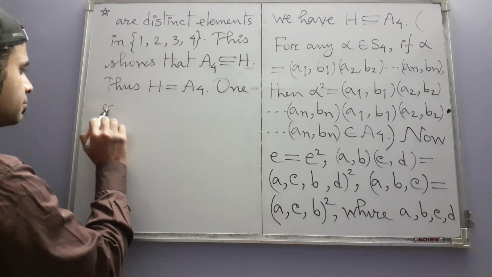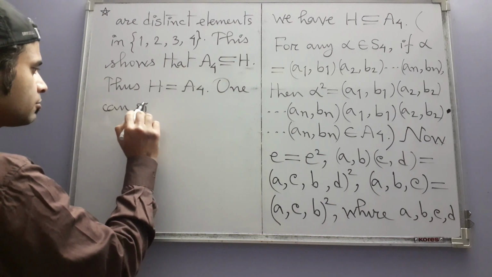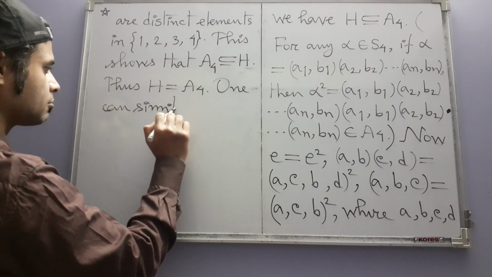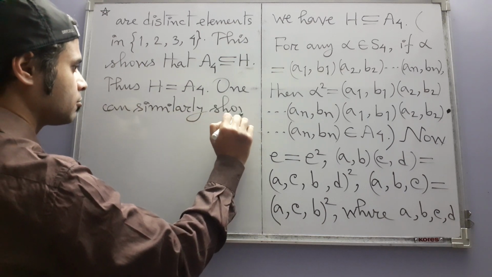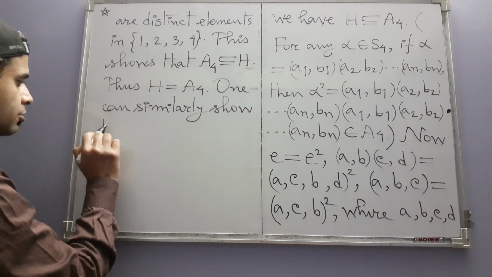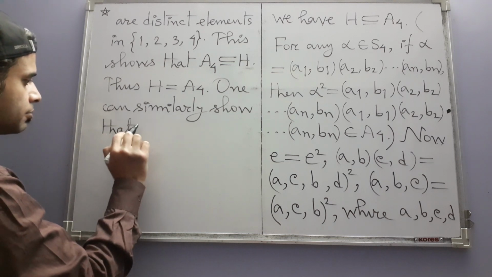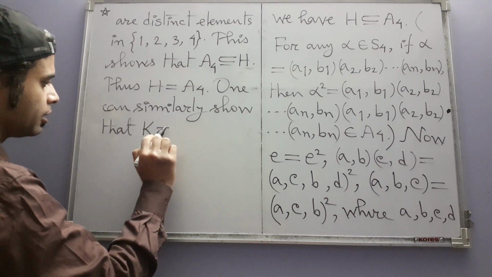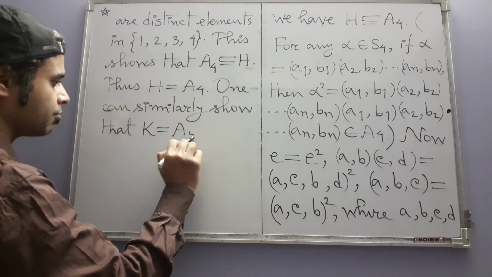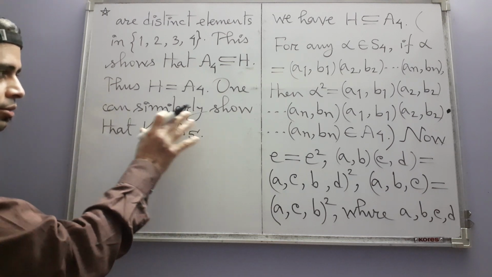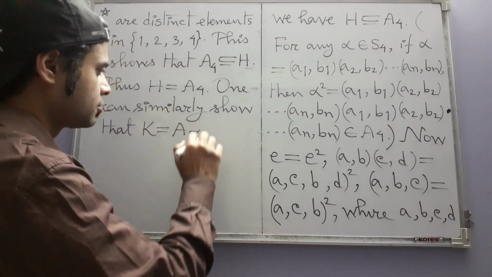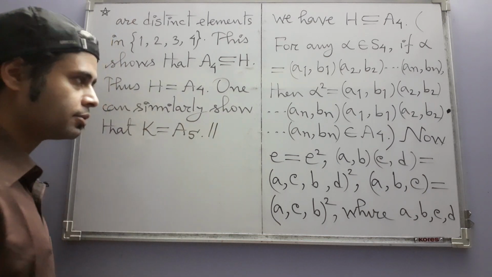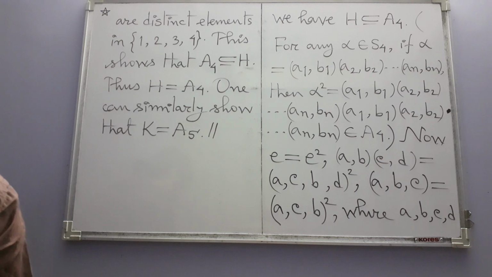One can similarly show that K is equal to A5. In fact, I want you to actually do this, this second thing. So there the solution ends. Let's now see the next one.